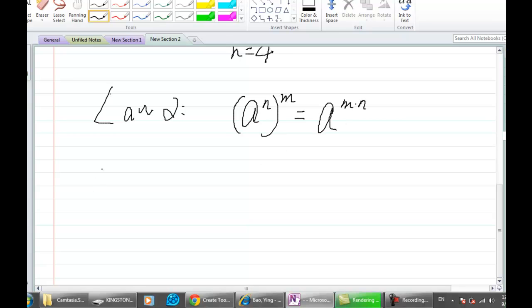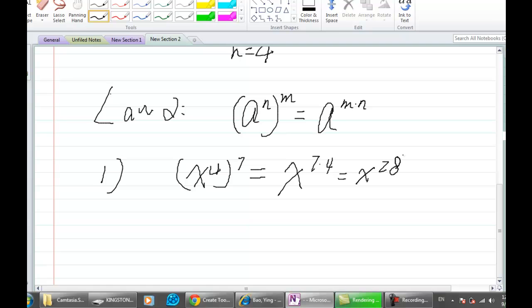Here is the following example, which is x to the 4th power, parentheses, to the 7th power, which is equal to x to the product 7 times 4, that is x to the 28th power.